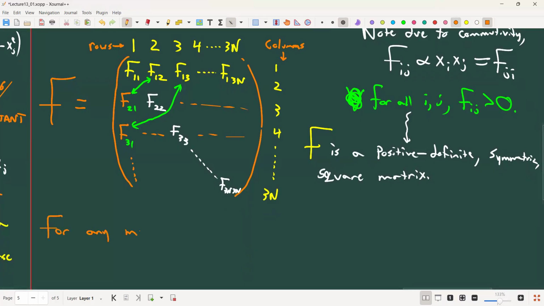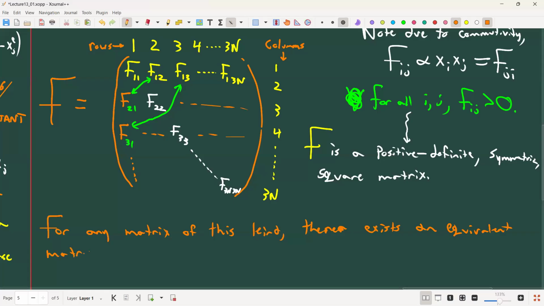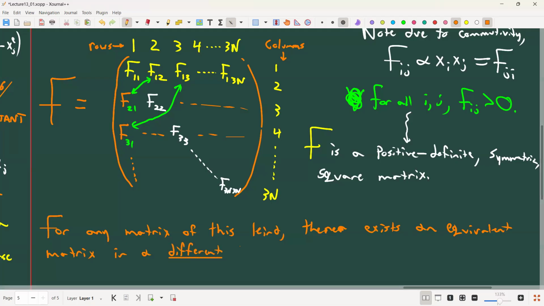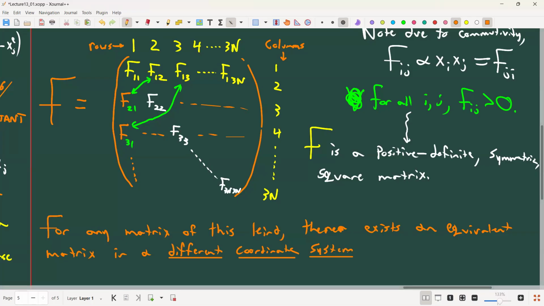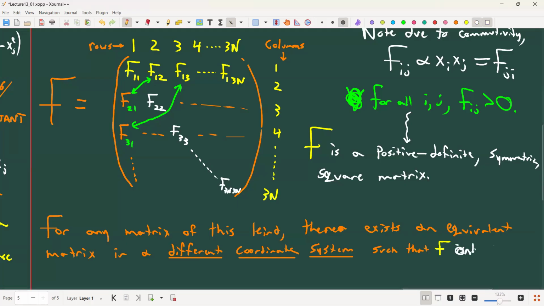For any matrix of this kind, there exists an equivalent matrix in a different coordinate system, not X, Y, Z, but some other coordinate system that we can select, such that F only has diagonal elements.